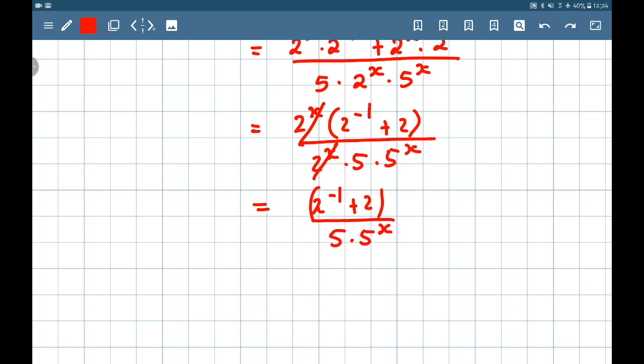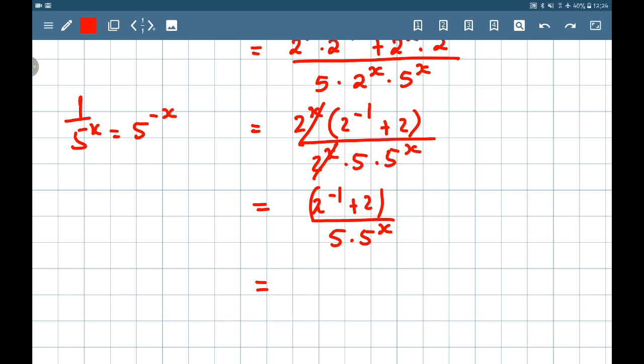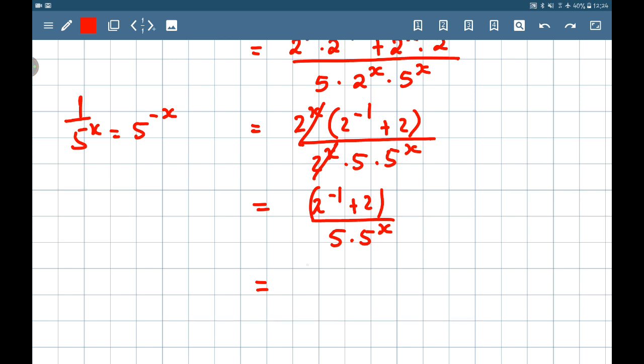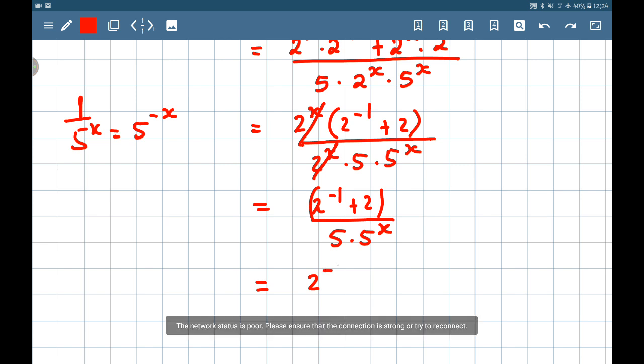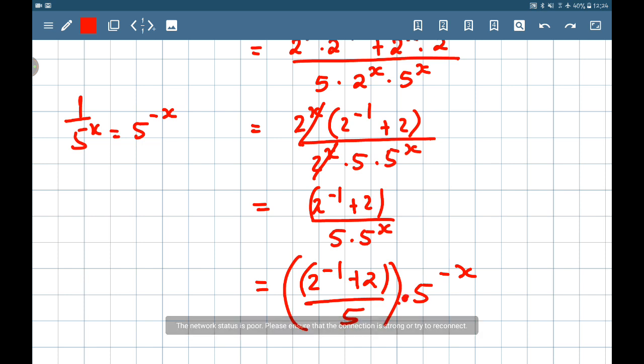But remember, 1 over 5 to the power x is the same as 5 to the power minus x. So you can have this as 2 to the power negative 1 plus 2, over 5 multiplied by 5 to the power negative x. The 2 can multiply, and then you have your 5 to the power negative x. Then you make that 10. Is it making sense?